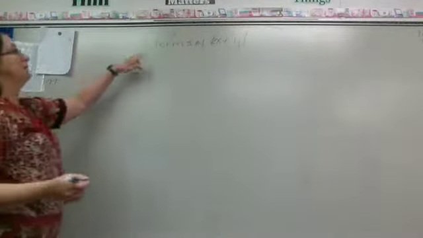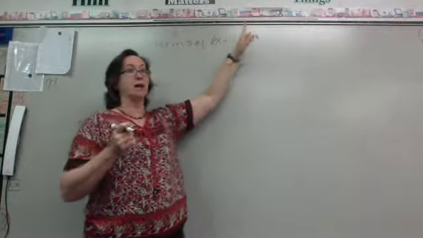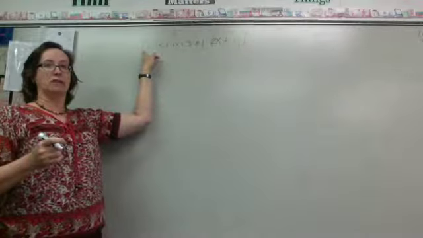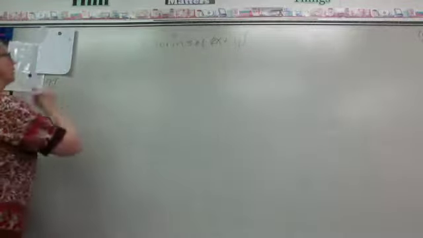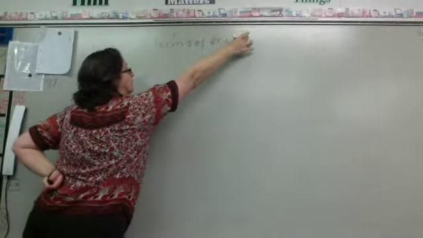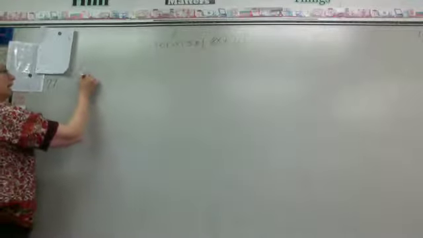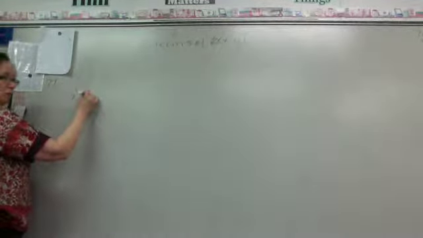Now remember, if I have something raised to the 7th power, it's going to have how many terms? 8 terms. It's always going to have one more term. All right, so here we go. We're going to start off with a combination of what? 7 things taken 0 at a time. Combination of 7 things taken 1.